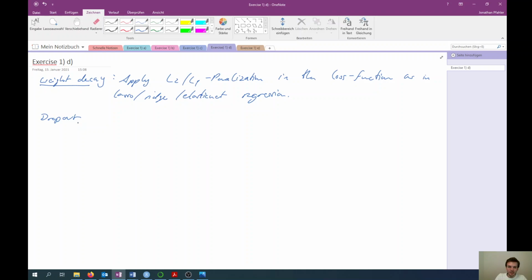So for one training unit, for example one batch, a node will disappear, and then after every batch, we will reevaluate: is this node going to disappear with this probability or not?